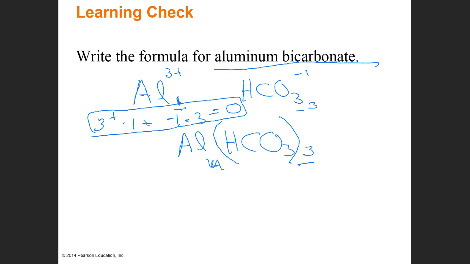These are always positive numbers because they're telling us how many of each we need. Okay, so it's a shortcut to allow you to figure out the subscripts when you're balancing charges. But our ultimate goal is to make sure that the charges add up to 0.